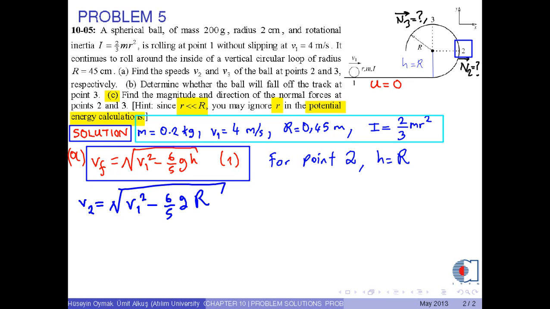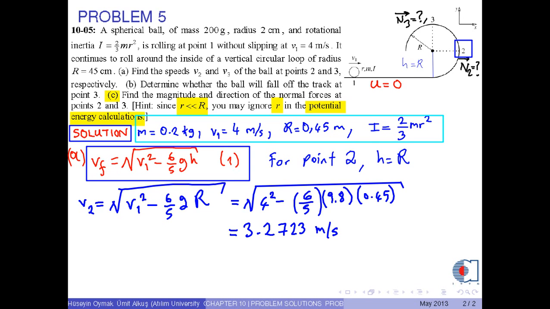Putting the corresponding numerical values into this equation, we get 3.2723 meters per second, or approximately 3.27 meters per second.